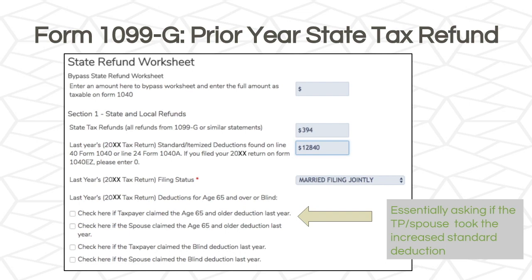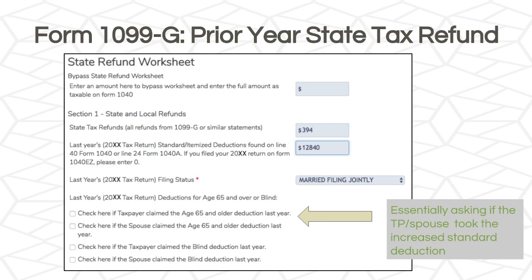After that, you'll see a bunch of checkboxes to indicate whether or not the taxpayer or the spouse took the increased standard deduction. So if you'll remember, the standard deduction will be increased based on the taxpayer's age and whether or not they're blind.